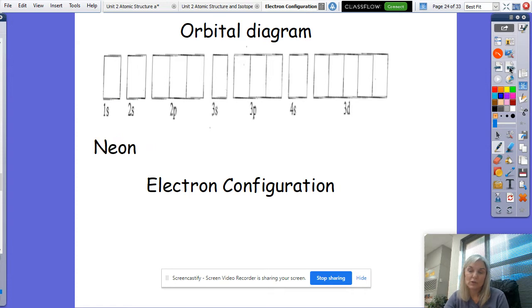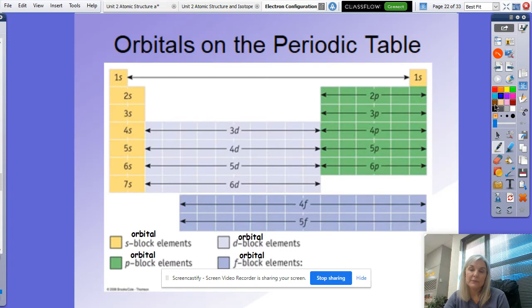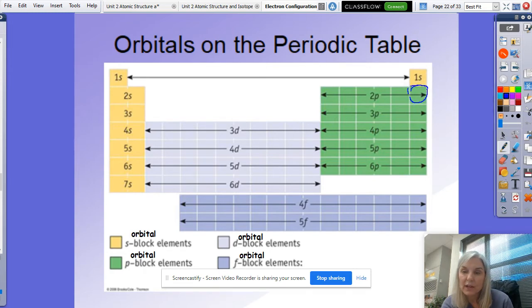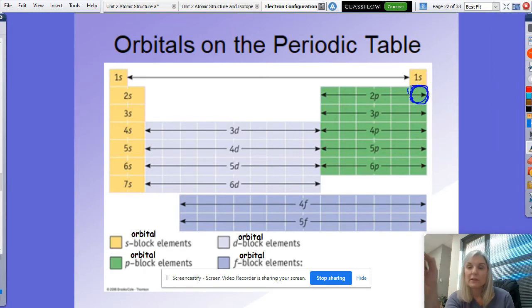All right, let's go to neon. So let me backtrack. For neon, if you look at your periodic table, you should see neon is right here. So that's where we're going. So again, I've got my energy levels 1, 2, 3, 4, and so forth.